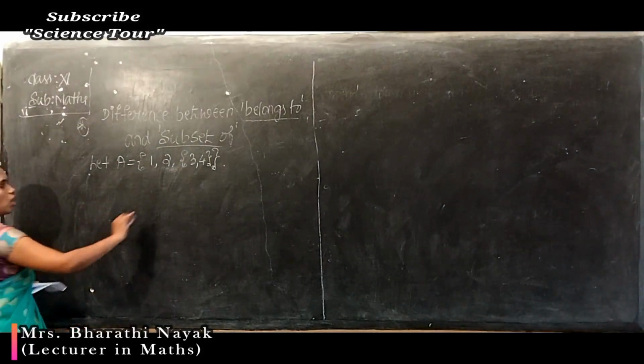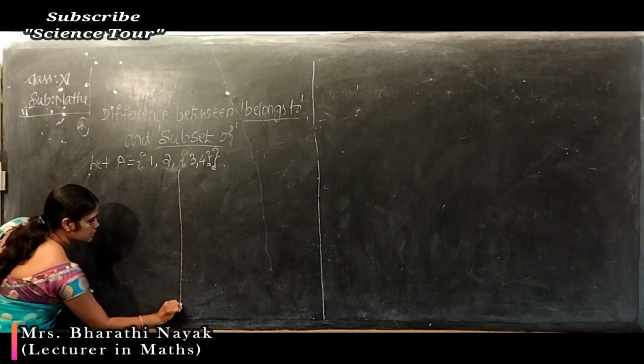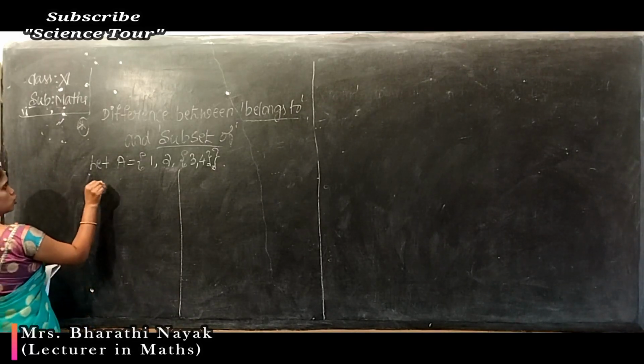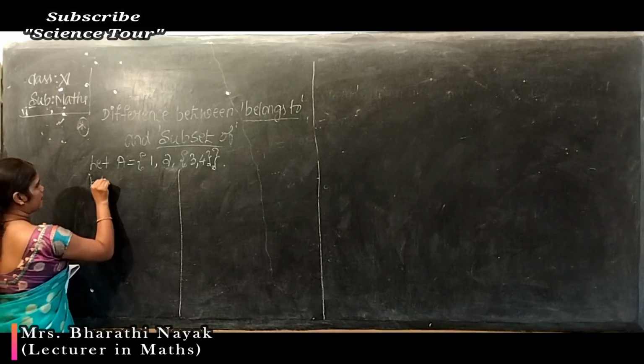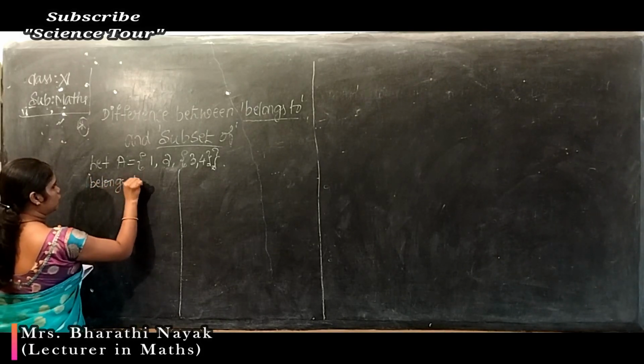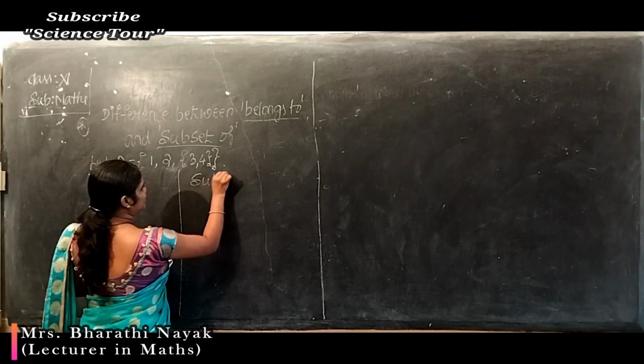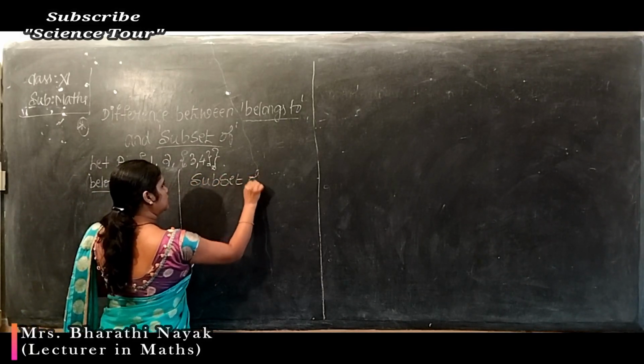Now I'll make two columns. The first column is belongs to. The second column is subset of.